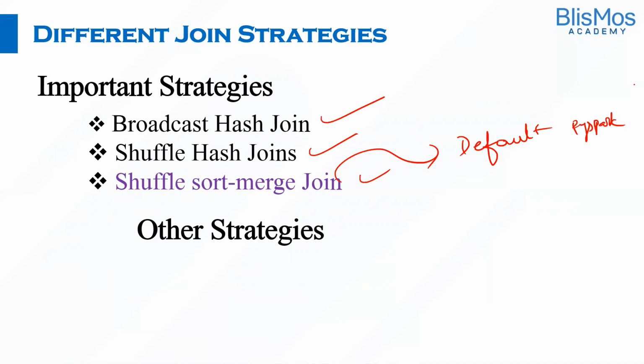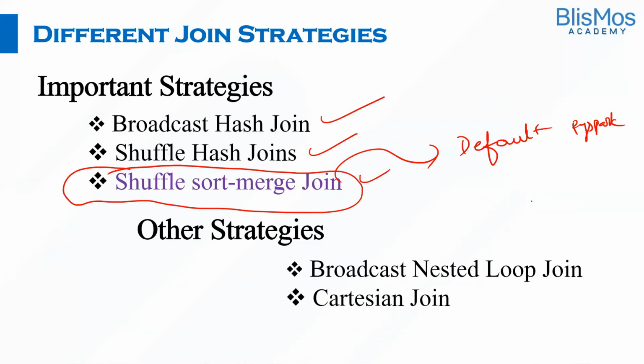So whenever you perform the joins between the two data frames, more or less this will be there. And there are other strategies also depending upon what you are doing, like broadcast nested loop join is there, Cartesian join is there.